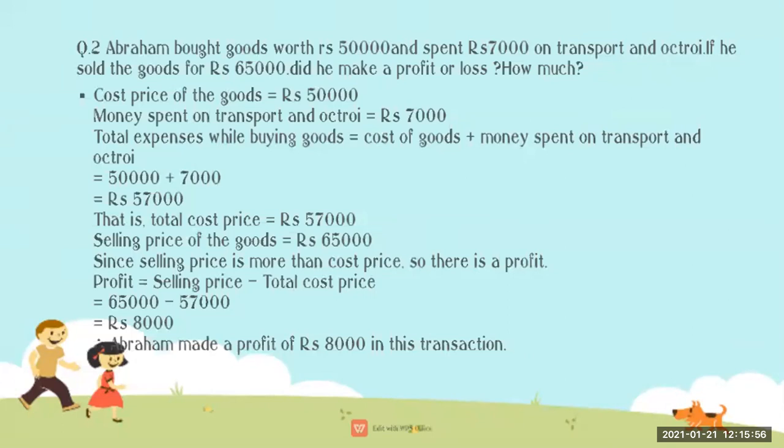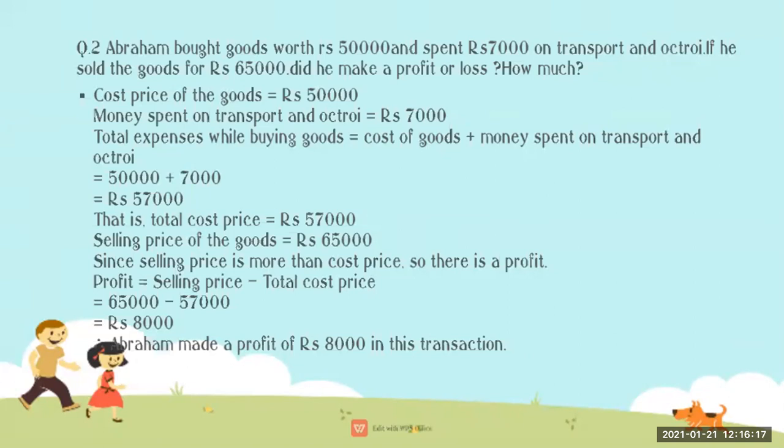So the first statement we have to write is cost price. Cost price of the goods is 50,000, as written in the question. And money spent on the transportation and octroi is rupees 7,000.